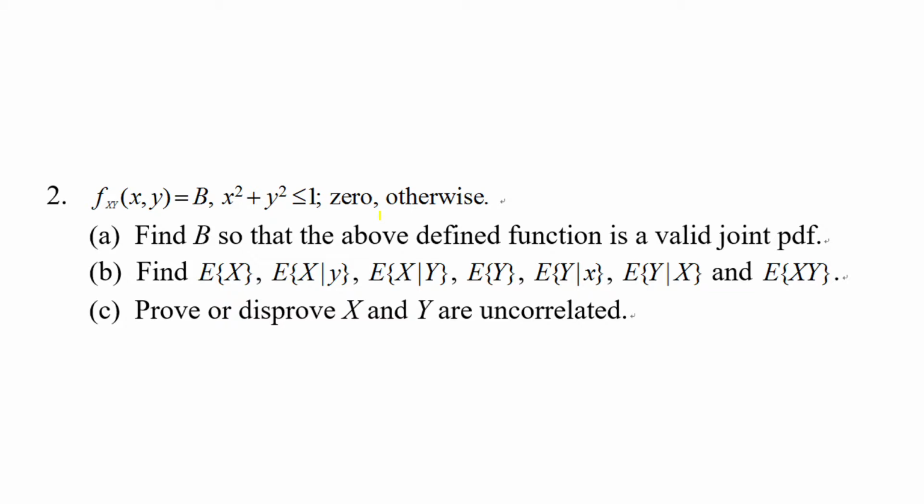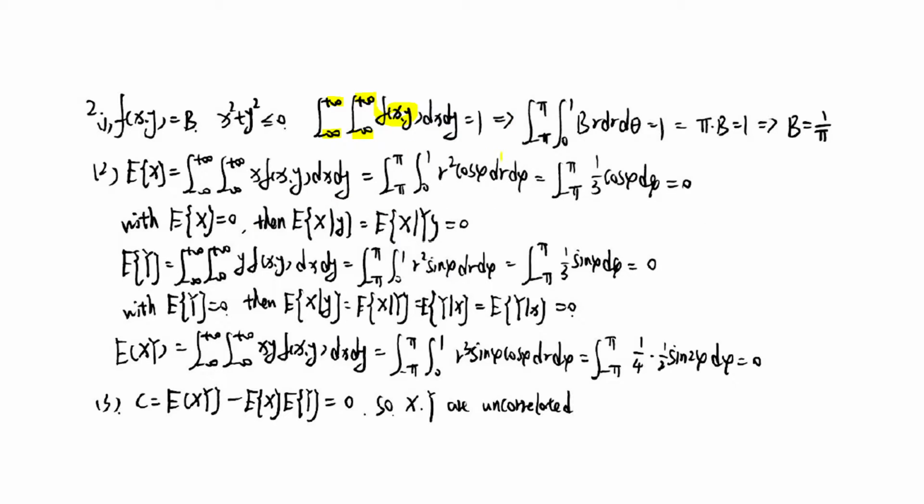we can tell that if we transform f(x,y) from rectangular coordinates to polar coordinates, it would be much easier to calculate the integration. And so I just transform f(x,y) from rectangular coordinates to polar coordinates.